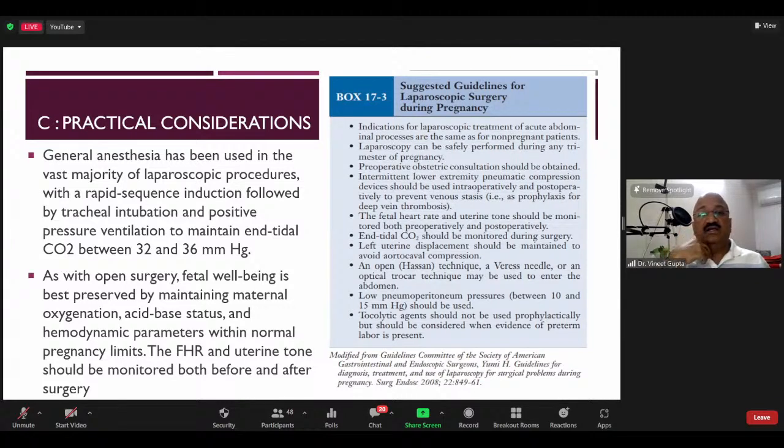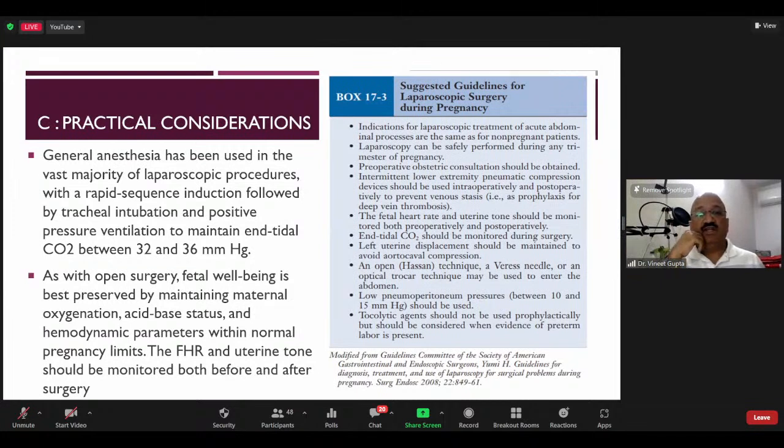It's better to keep it slightly on the higher side, toward the normocapnia side, because of hyperventilation. When CO2 has accumulated, we want to flush it out, we hyperventilate, and we forget that the PCO2 has come down to 25 or 26. At that time, there will be severe fetal vascular perfusion compromise.